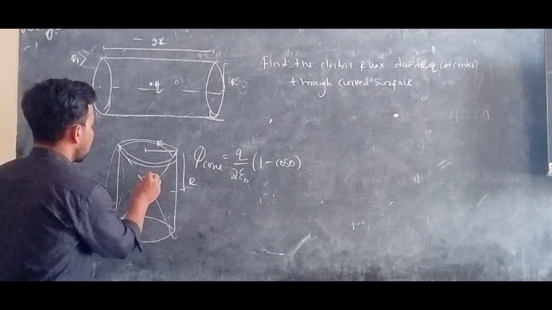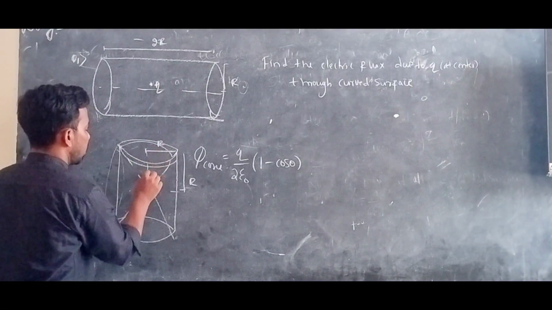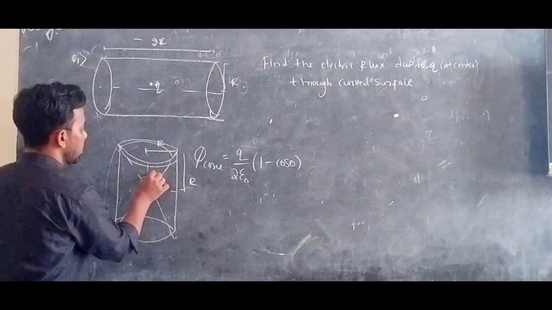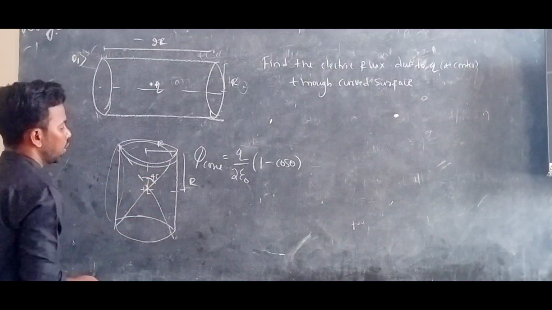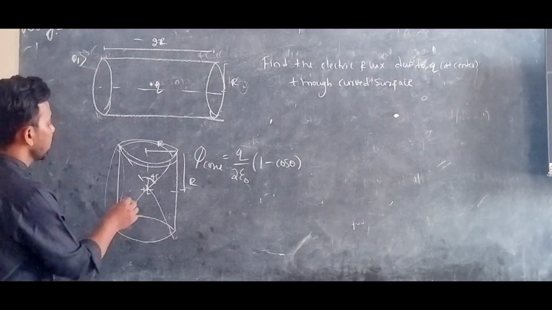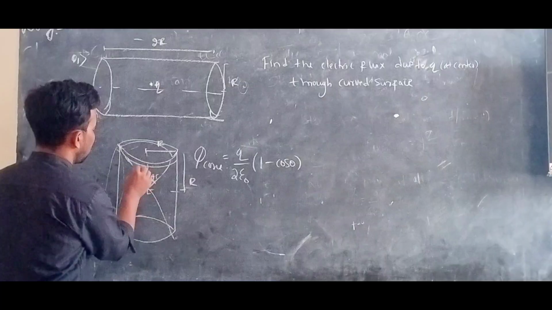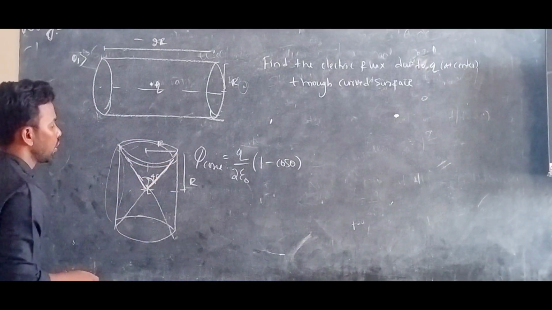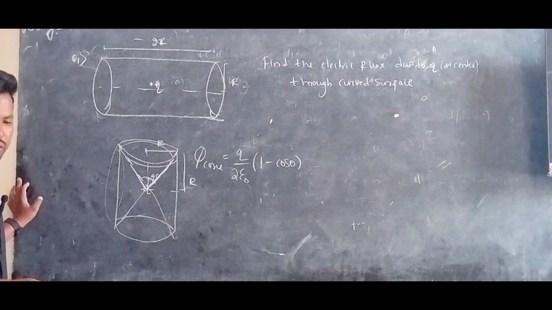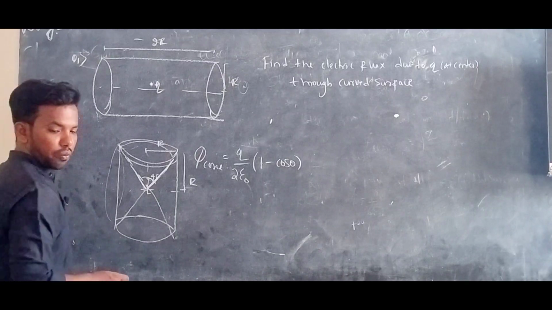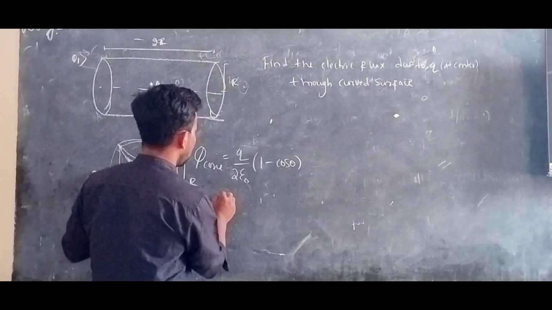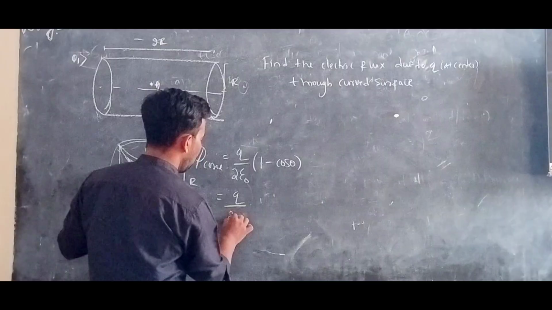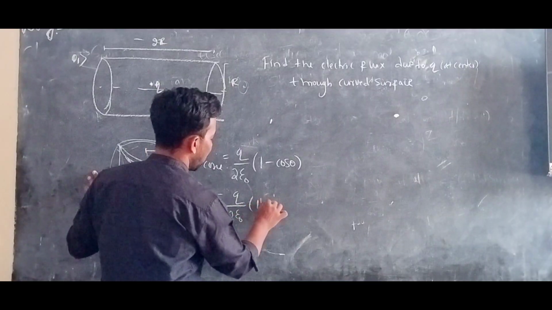Here, this is the angle. What is the angle? This is perpendicular to the half angle. How much is this? 45 degrees. So q by 2 epsilon naught times 1 minus cos 45.